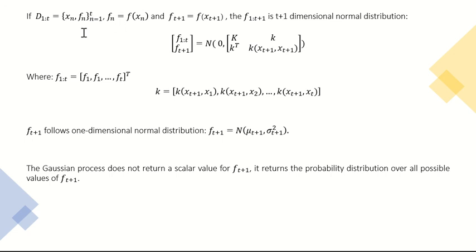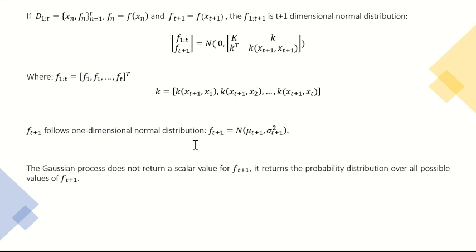If we have t sample points and we want to know about the next sample point, f(t+1), then f(1:t+1) is a (t+1)-dimensional normal distribution with mean equal to 0 and this covariance function. f(1:t), which we see here, is this vector, and K looks like this matrix. f(t+1) is also a one-dimensional normal distribution and has this distribution.